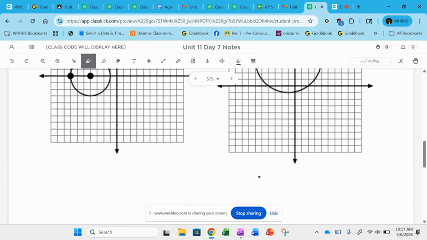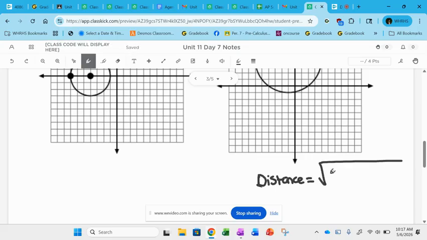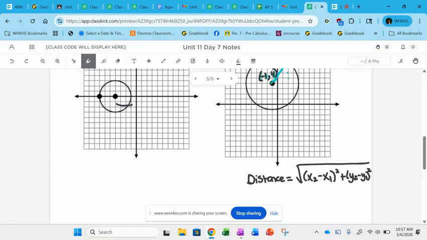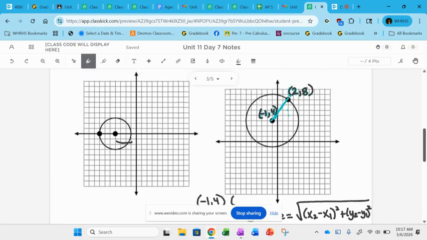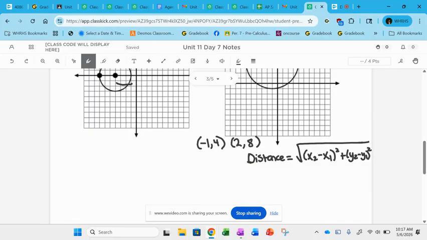And the way we're going to do that is using the distance formula. So we have the square root of x2 minus x1 squared plus y2 minus y1 squared. And the 2 points we're going to use will be the points negative 1, 4 and the point 2, 8. So this is my x1, y1. This is my x2, y2. And now we just plug into the formula.